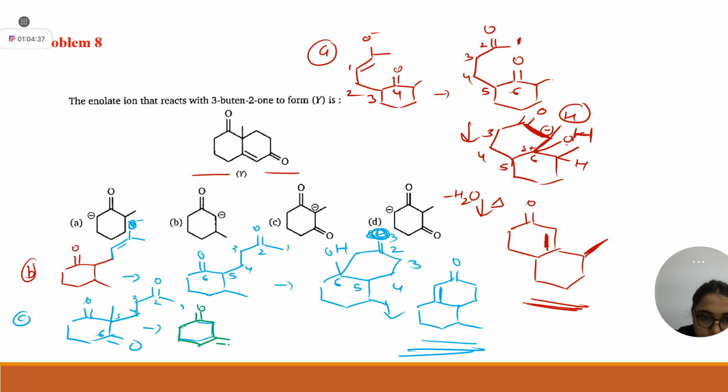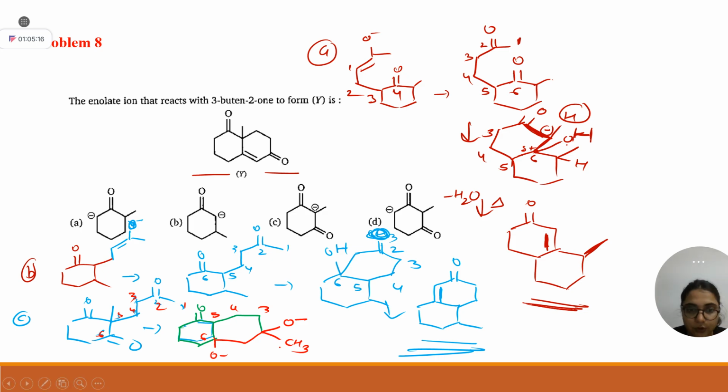C double bond O, C double bond O. I hope you all are solving with me. 1, 2, 3, 4, 5, 6. So 6, 5, 4, 3, 2. On carbon number 2, 1 O minus will form and 1 CH3 is there.